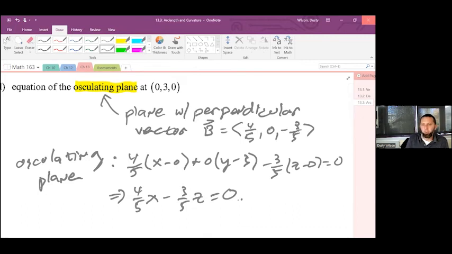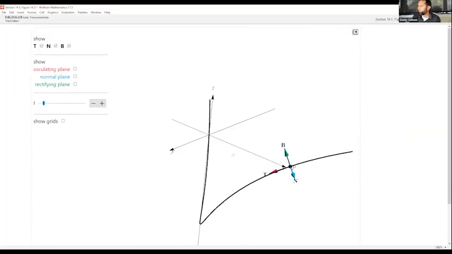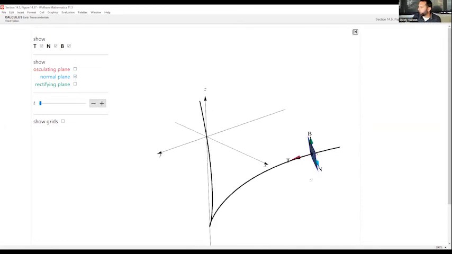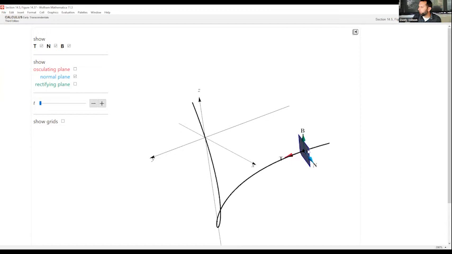Let's remind ourselves what the picture looks like here and on the previous question. Here's our animation once again. T is directing its way along the curve, N points in the direction the curve is bending, and B is perpendicular. So our normal plane is the plane that includes N and B, and so the perpendicular vector to that normal plane is the T vector.